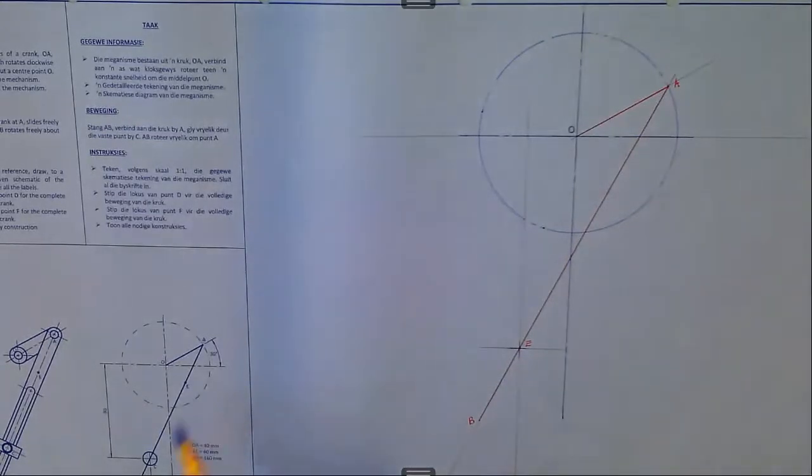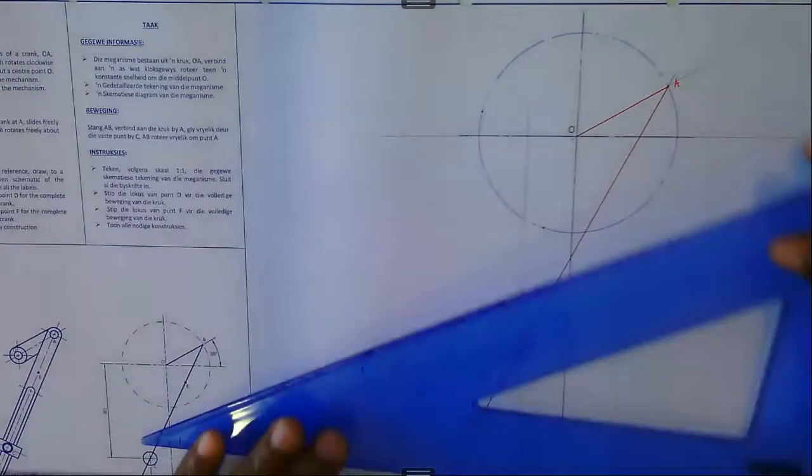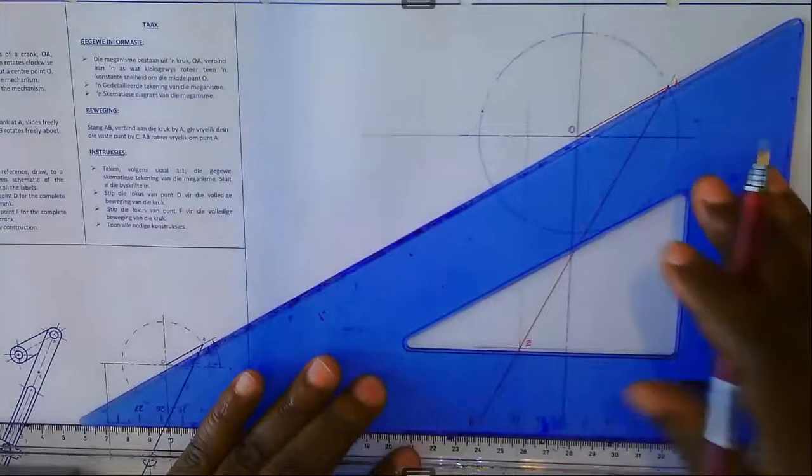Right, so we want the locus of point B as well as the locus of point E, all right? We may not need to complete this one together. I'm just going to show you the direction so that on your own, you can then complete everything. All right, let's divide the circle into 12 equal parts. There is already one division, so I'm going to extend this.